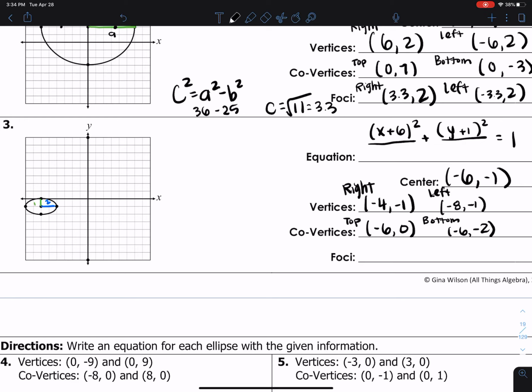In our equation, this would be 2 squared, but we're going to write that as 4, and then 1 squared is 1. So make sure to type those in correctly in the quiz. Then for the foci, c squared equals a squared minus b squared, so we get 4 minus 1, which is 3.